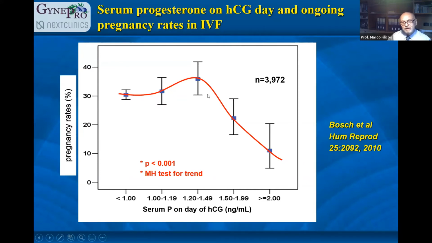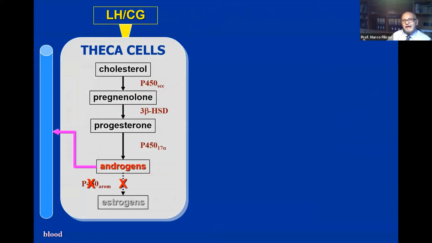They noticed that up to about 1.5 nanogram per milliliter, the results were quite good, but when levels went beyond that level, pregnancy rates started declining. So it's important, if you're doing your transfer in the same cycle, that you keep your progesterone under control.